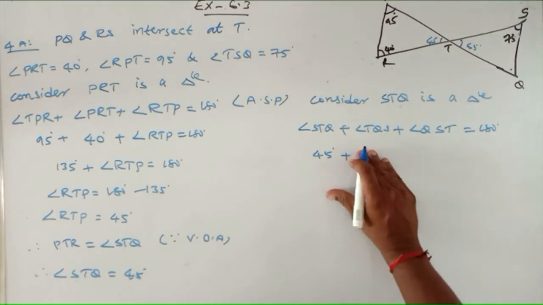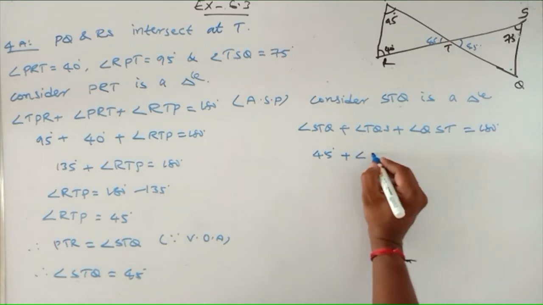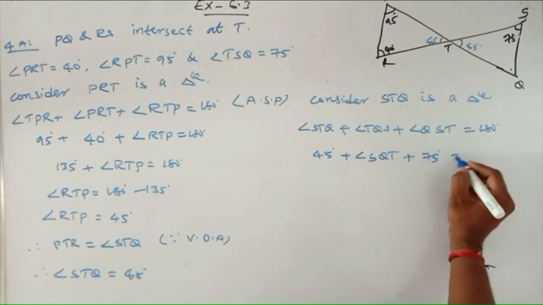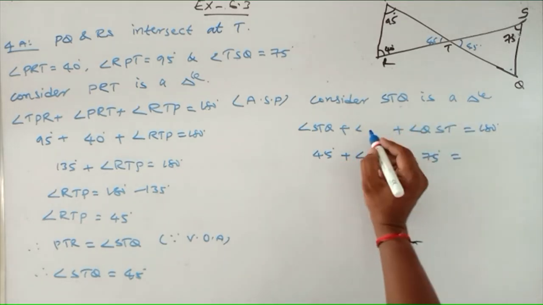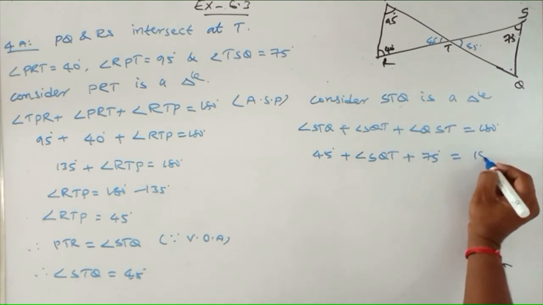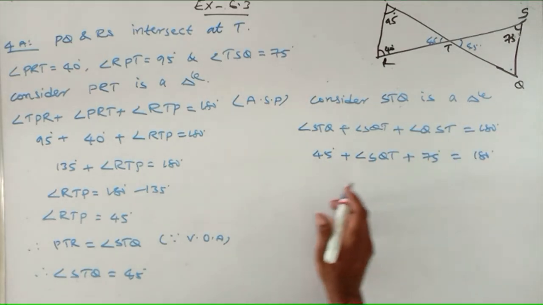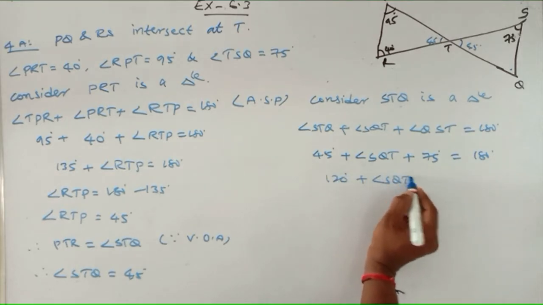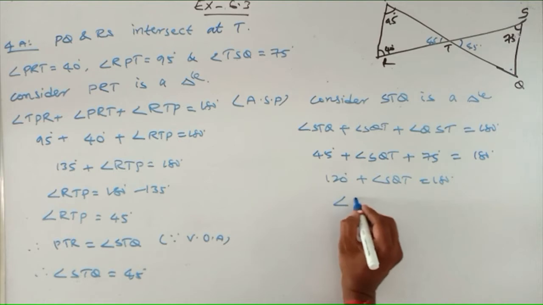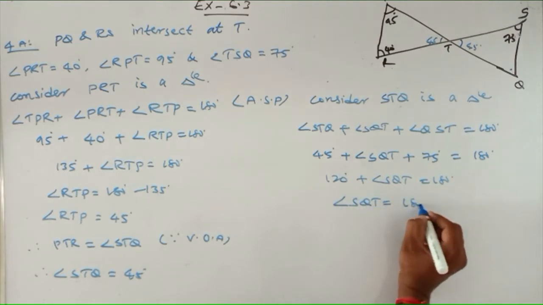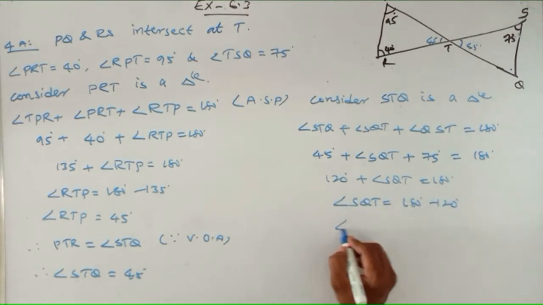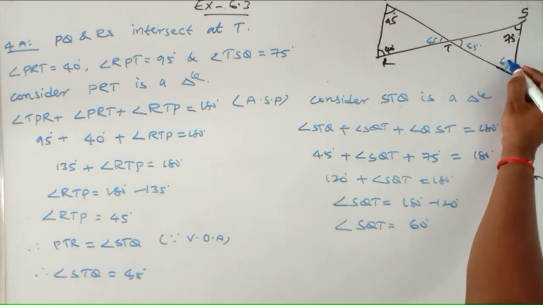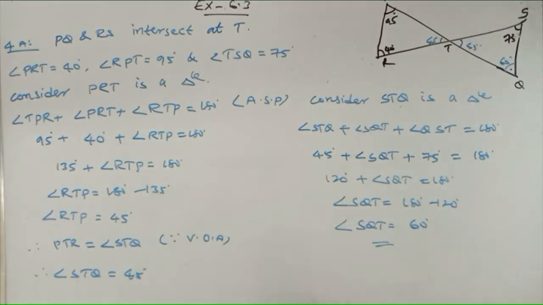TQS I am writing as SQT because in the question it is given as SQT. So 45 plus 75 is 120 degrees plus angle SQT is equal to 180 degrees. Angle SQT is equal to 180 minus 120. Angle SQT is equal to 60 degrees. This value is 60. So they asked to find the value of SQT.